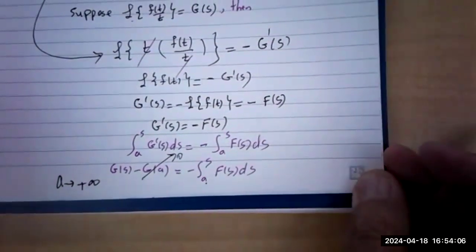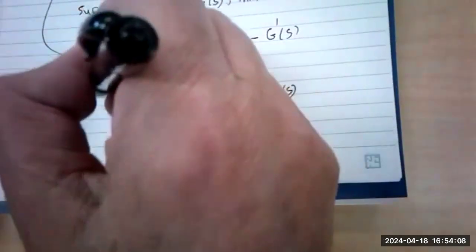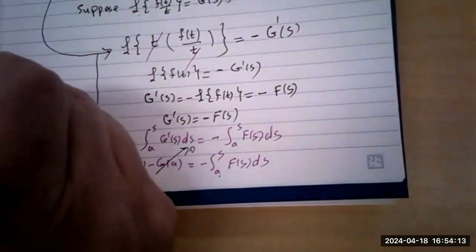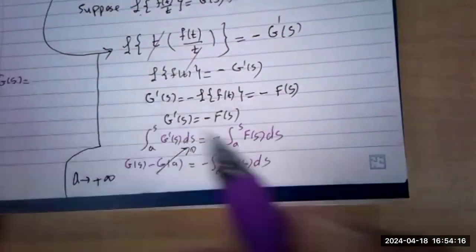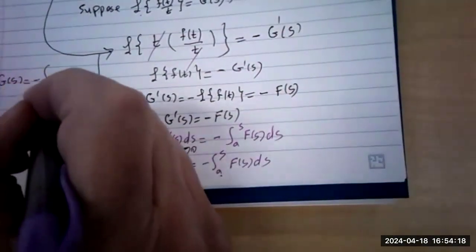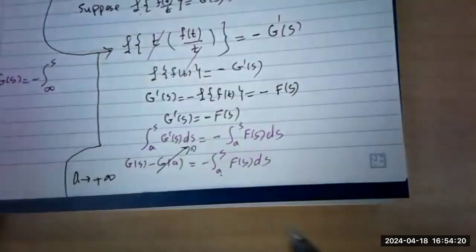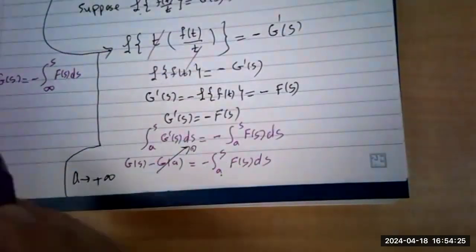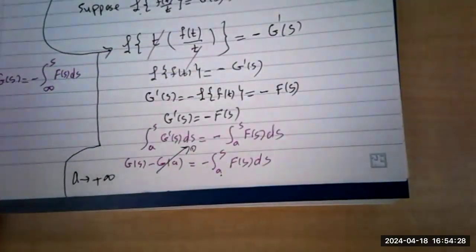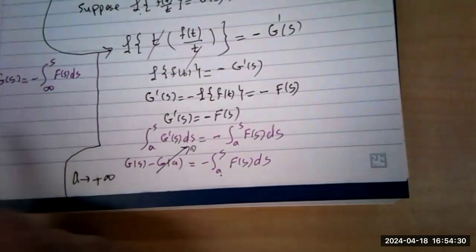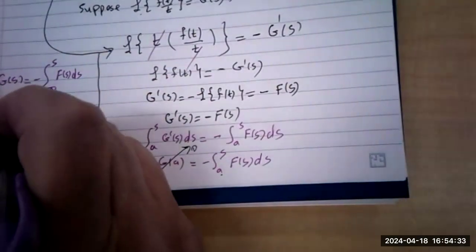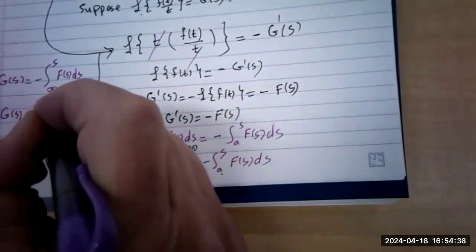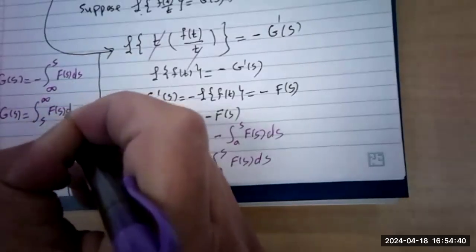So I end up with this: g of s is equal to the negative integral from infinity to s of F of s ds. But s is a positive number, so infinity to s doesn't make sense, but there is a negative here. I switch the limits of integration, which gives me g of s equal to the integral from s to infinity of F of s ds.